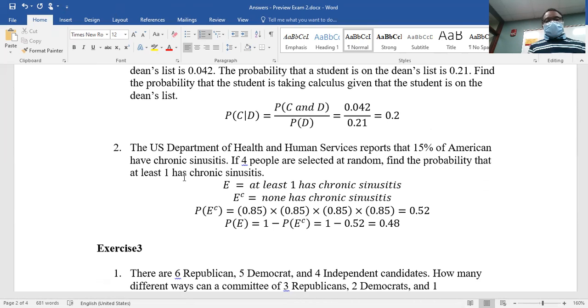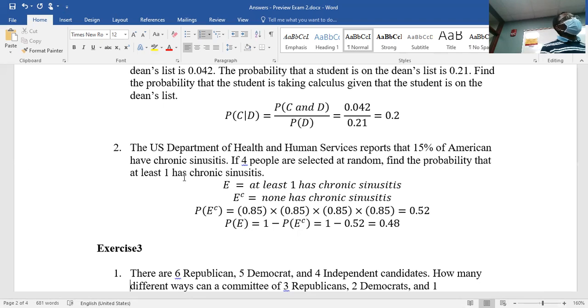So the US Department of Health and Human Services reports that 15% of Americans have chronic sinusitis. If 4 people are selected at random, find the probability that at least one has chronic sinusitis. So we have "at least one" here again.